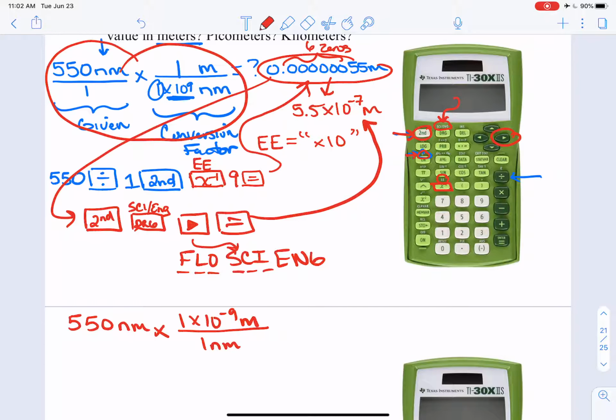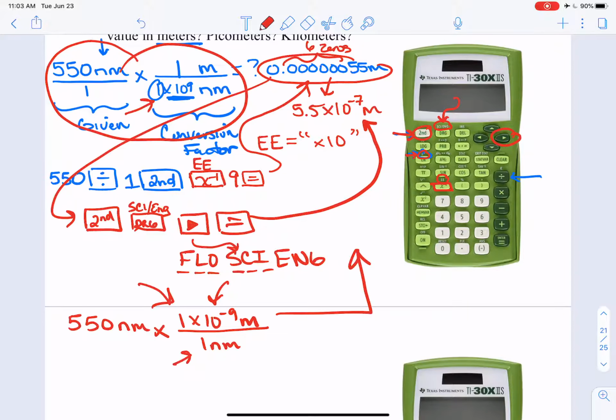Right here we're saying for every 1 meter, which is a very large thing, you can stuff 1 times 10 to the 9 nanometers in there. And that makes sense because you have a ton of little nanometers going into a meter. This one also makes sense because you're saying you have 1 nanometer, and that's a very, very, very tiny portion of a meter. So if you have 1 times 10 to the negative 9th, which is a small number, that portion of a meter, you have 1 nanometer, okay? And that's going to give you the same answers that we had above.